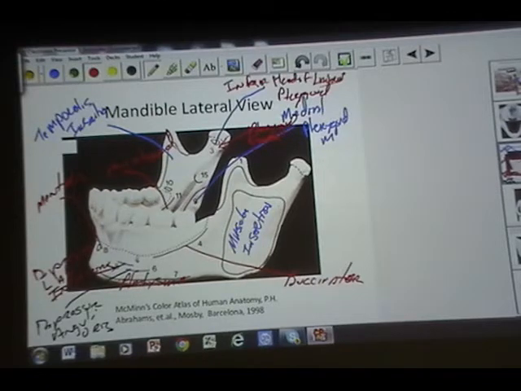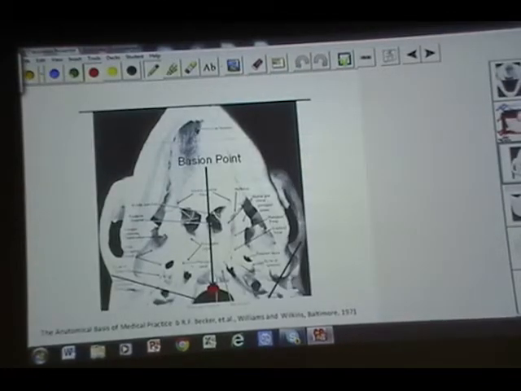Okay, now if we look at the base of the skull here, we see this opening back here, that's the foramen magnum, the occipital bone.